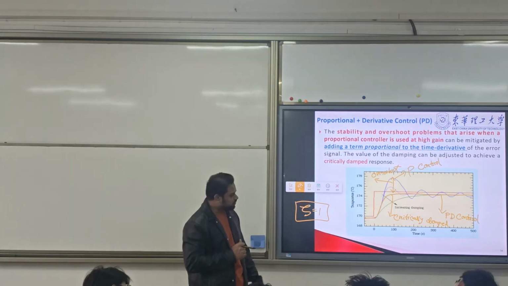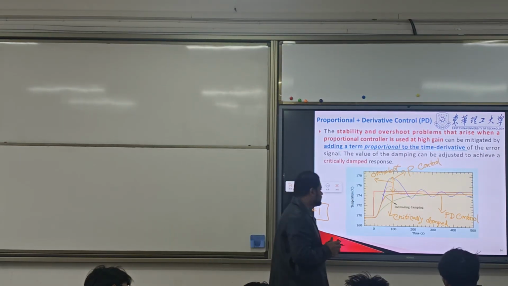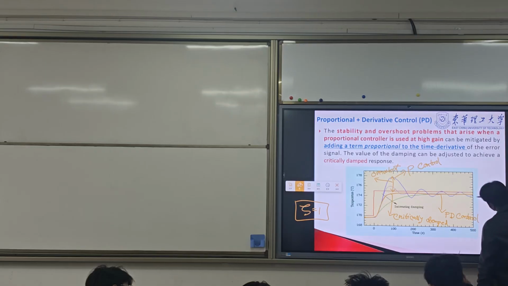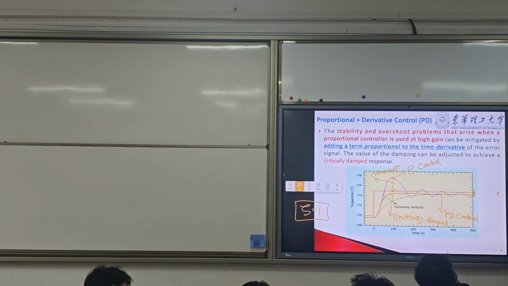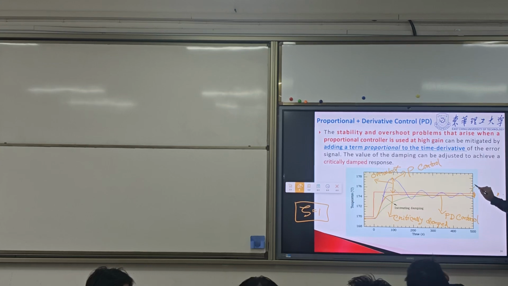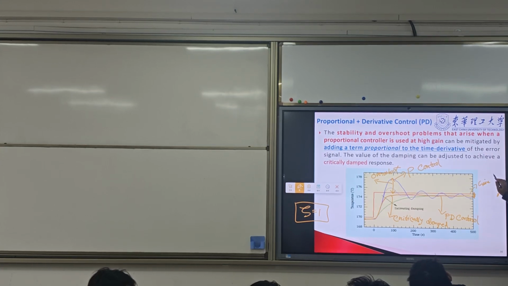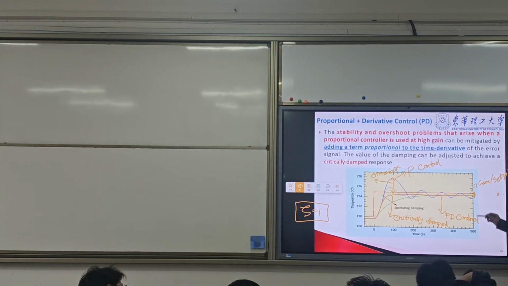But there is a problem. Look, it does not reach the set point. This is the gain or set point. It is not reaching the set point. That means there will be a steady state error. This is the error.